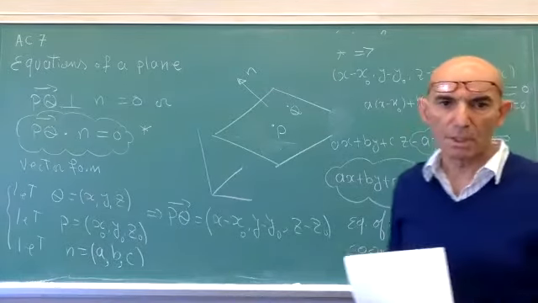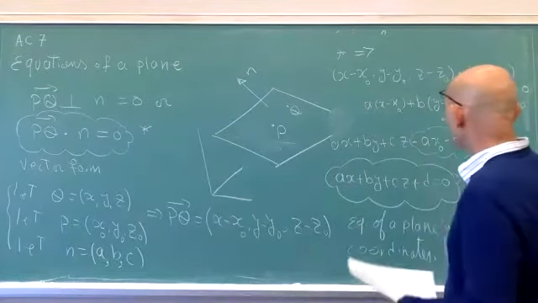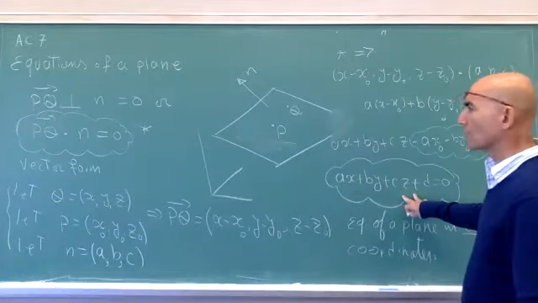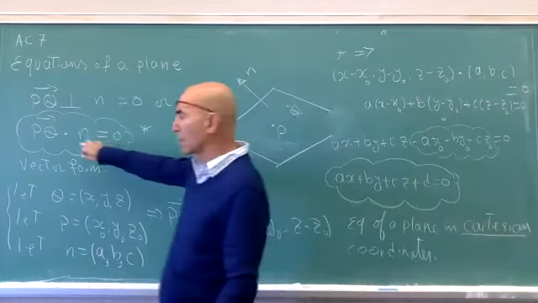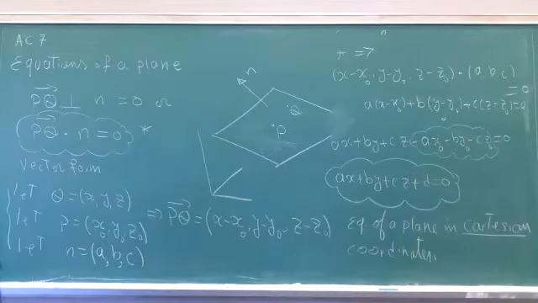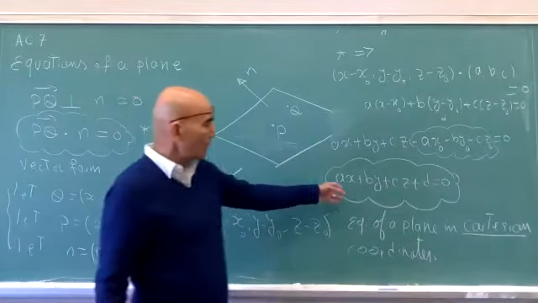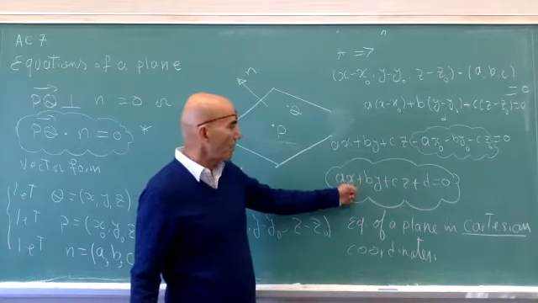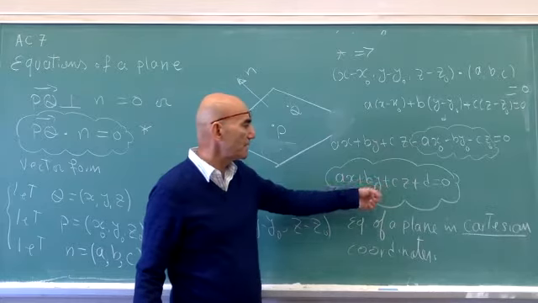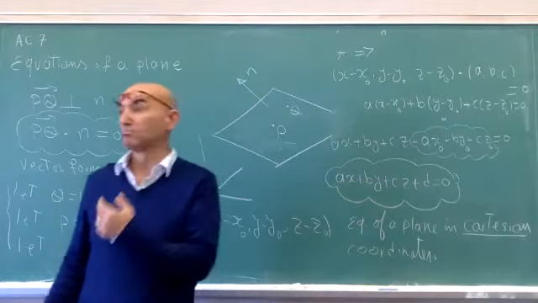So now we have two equations: this one in Cartesian coordinates and this one in vector form. They are completely equivalent. They are just two different ways of talking about the same thing. When we write the equation in this form, we have to be aware that A, B, C cannot all be zero.